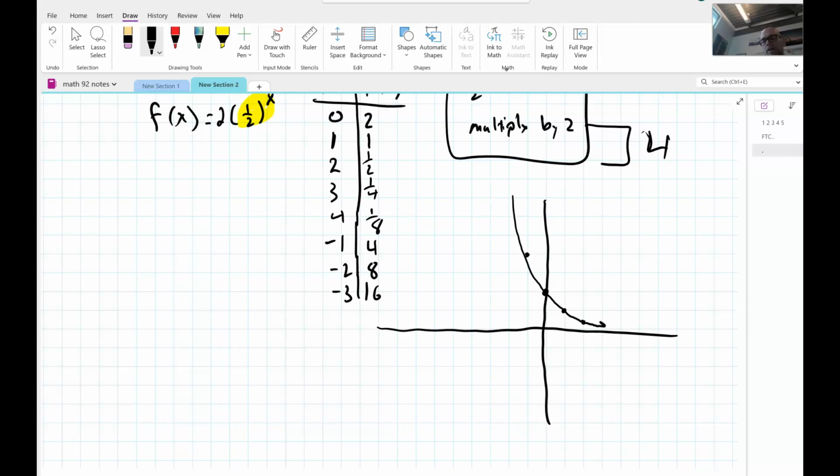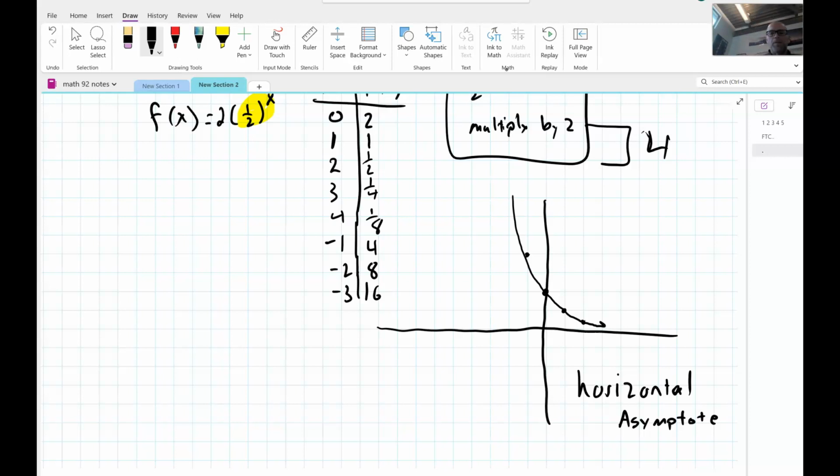And we talked about that the right side is coming down to a horizontal asymptote, which is a line that the graph gets closer and closer to and never crosses. Okay?